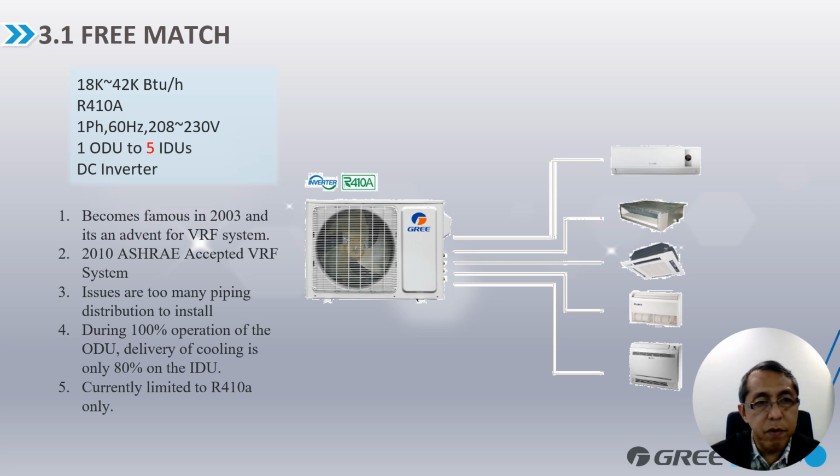And the issue for this type of pre-match is you have too many piping distributions to install. And experientially, during 100% operation of the outdoor unit, the delivery of cooling on the indoor units is only about 80%. It's currently limited to R410A refrigerant.